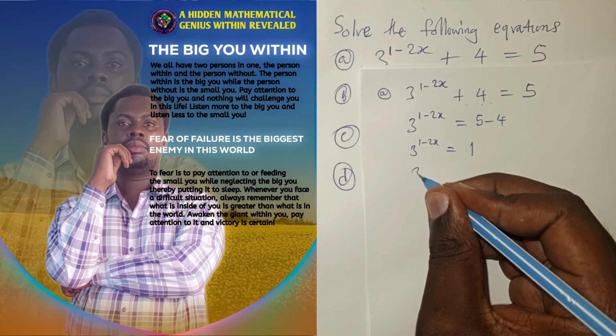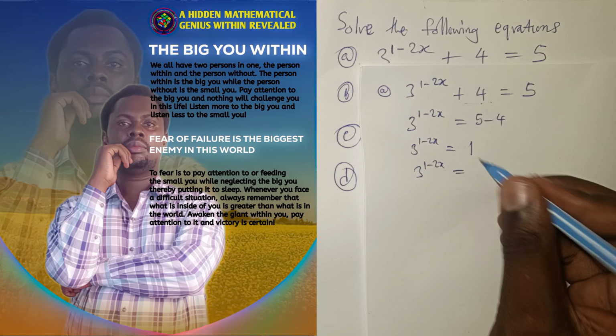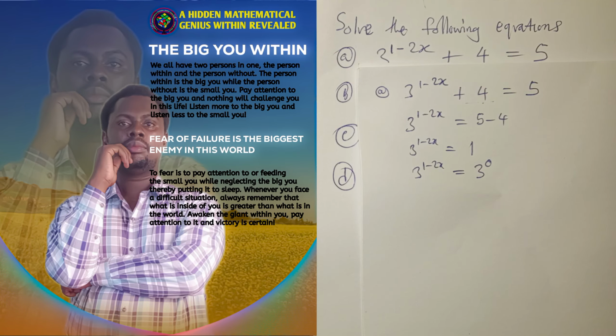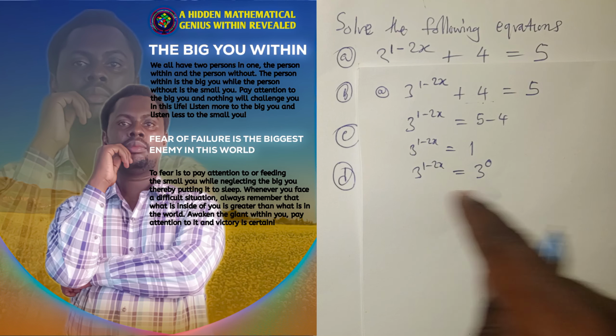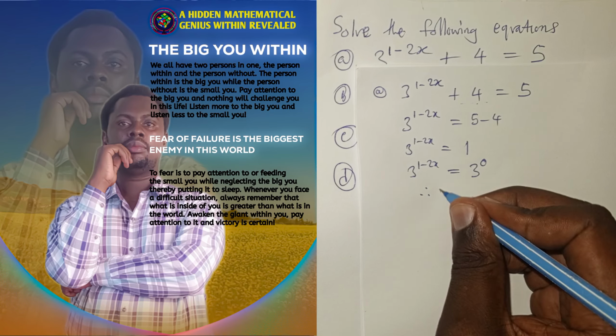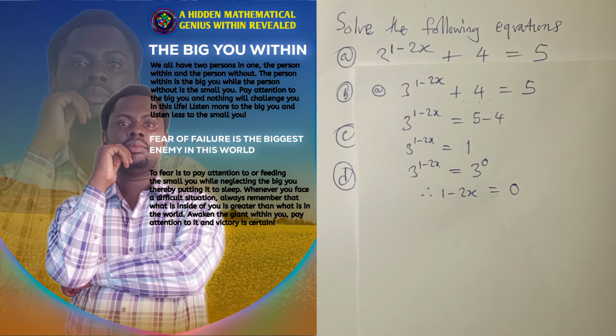So we have 3 to the power 1 minus 2x is equal to, here you're going to have 3 to the power 0. Since these are equal and the bases are the same, it means even the powers must be equal. So therefore 1 minus 2x is equal to 0.